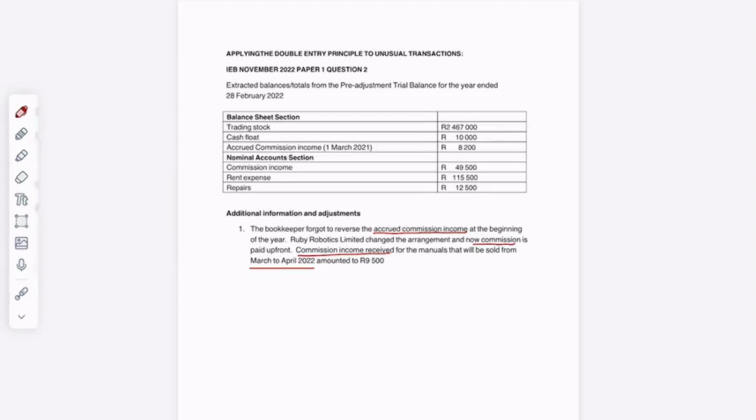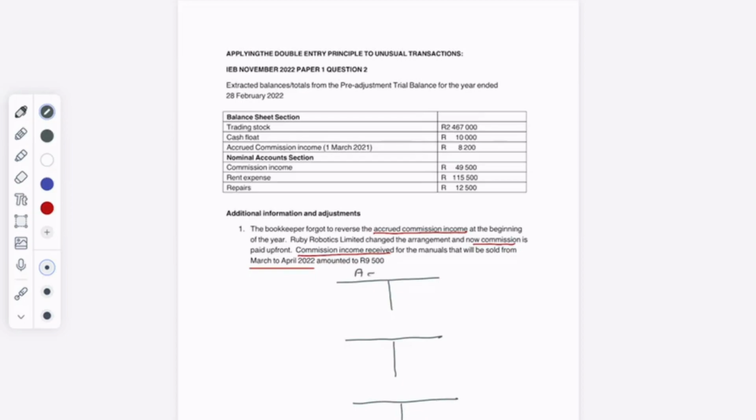So those are the three accounts that are affected. All you need to do now is draw just very rough general ledger T accounts. We're not going to put in any detail because all we're doing is making sure that we're applying the double entry principle. We just do everything abbreviated.